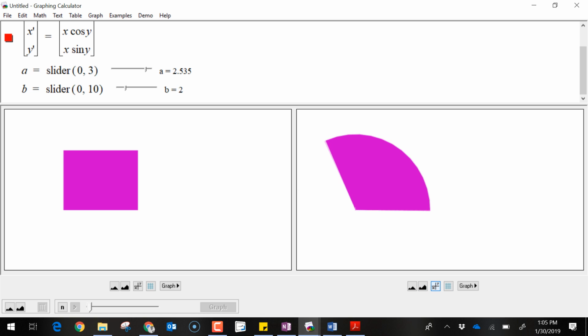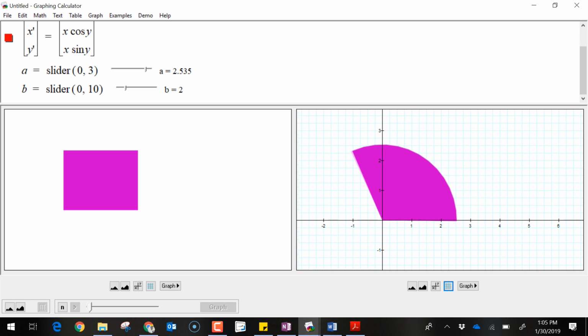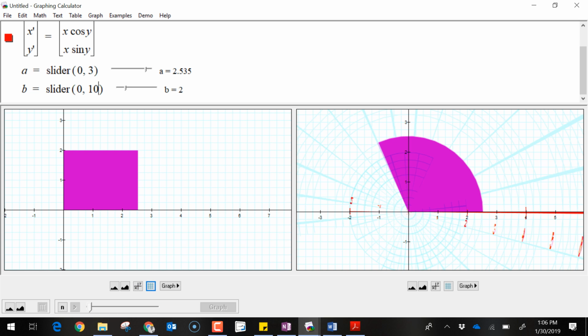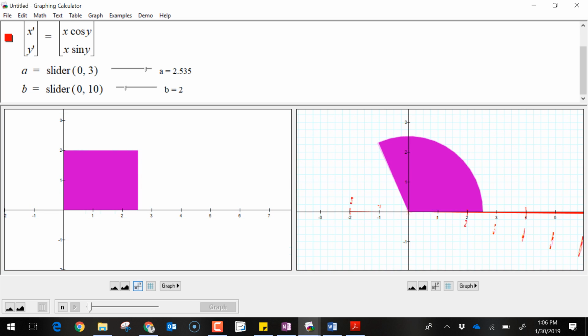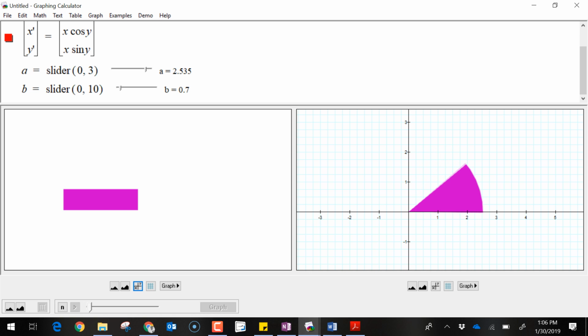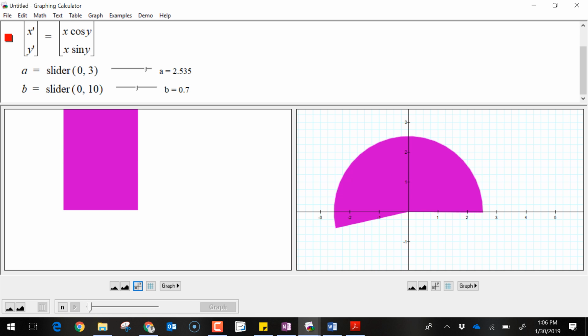So we can put the axes back, x and y axis, and see how that would look. Actually, let's take this out because it's going to make the other graph look a little confusing. But if I change it, the b will control the theta values. It's going to go from 0 to whatever b is. And if you let b go to, uh-oh, I think we stopped somewhere here.